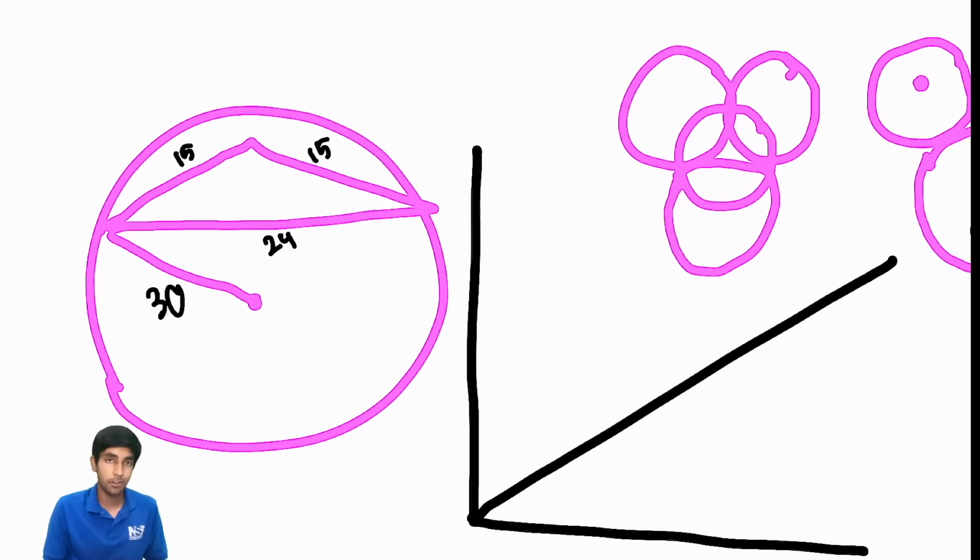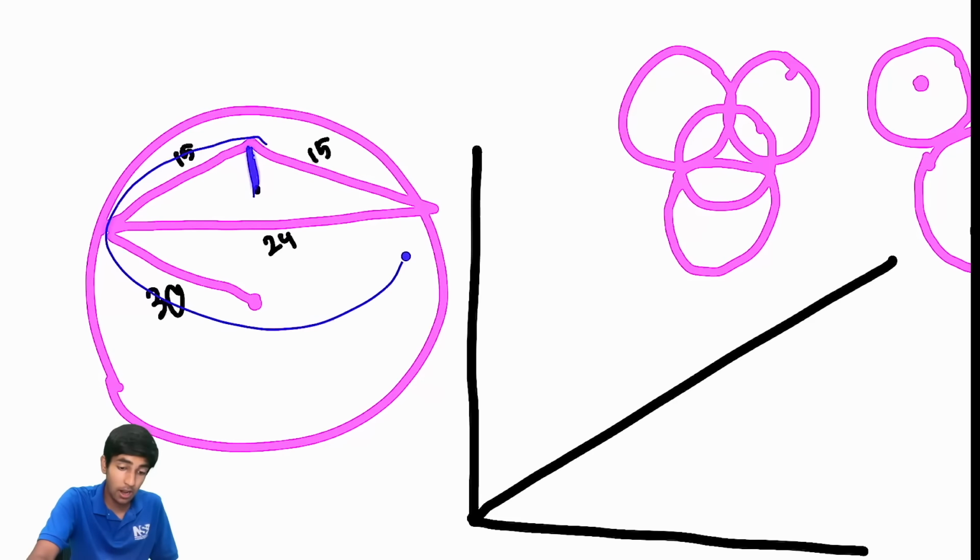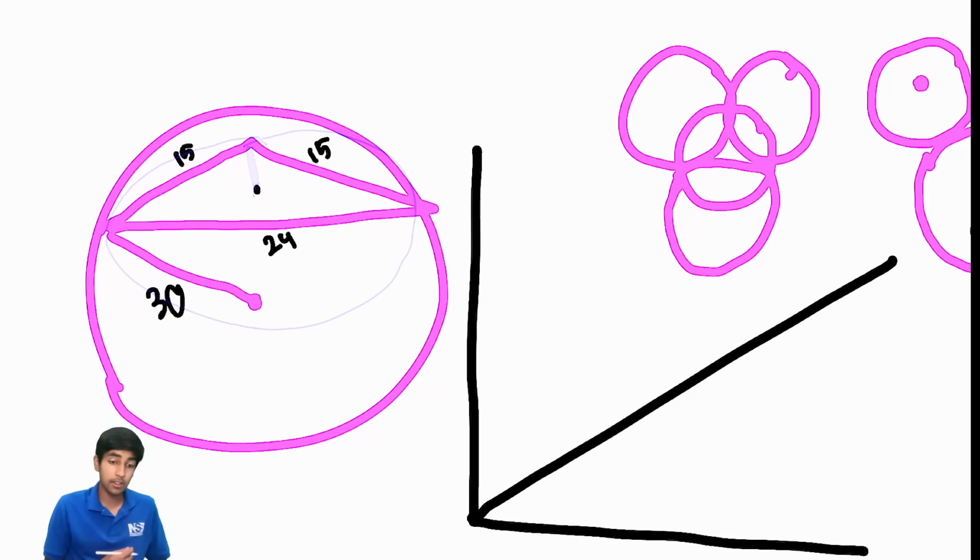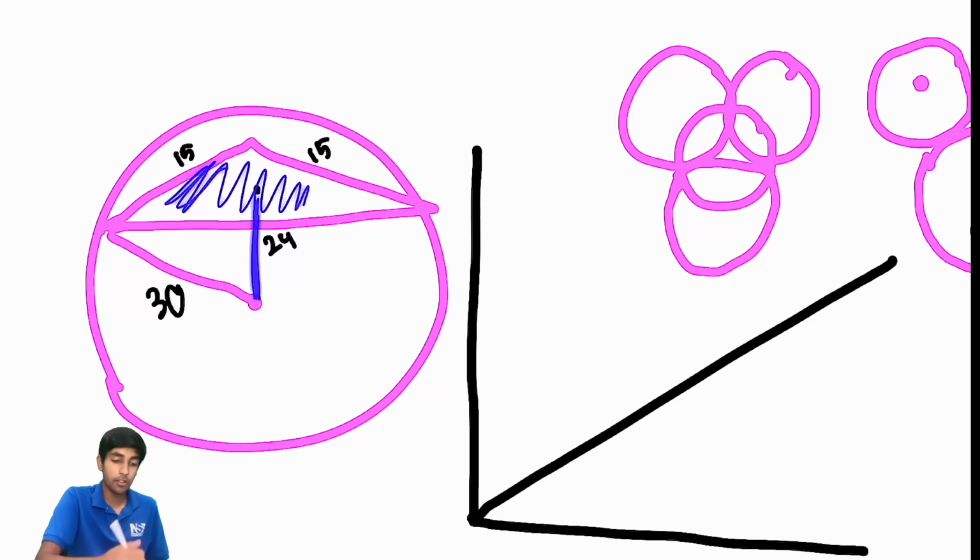I just made that up. I don't know if that's exactly what it was. So the idea is, what is the circumradius of that circle? Or it was asking, what is the distance between this plane of this triangle and the center?